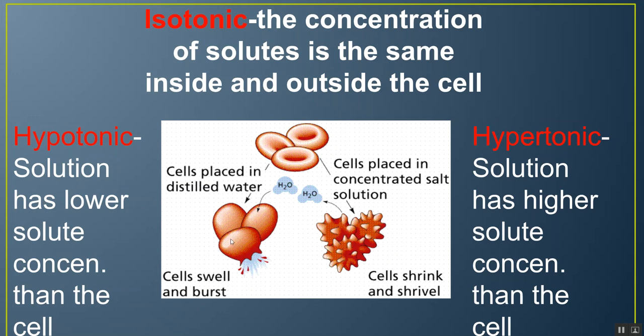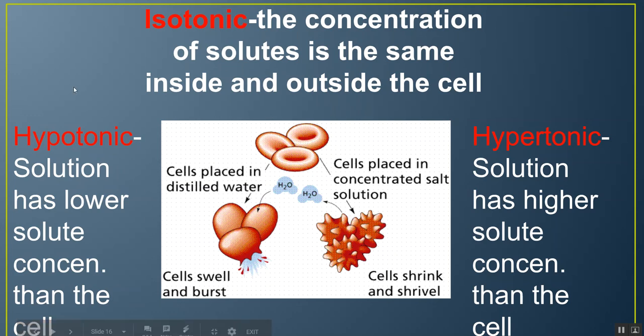So what's going to happen is water is going to rush into them, and it will actually cause the cells to swell up and blow up. Okay? That's why you cannot inject water into your veins or arteries. So if you're dehydrated, what they actually put in an IV is a glucose solution so that it's isotonic and it replenishes your body that way.